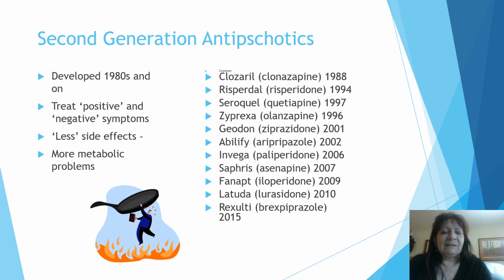They treated both the positive and the negative symptoms to some extent. Supposedly less side effects, but what we found out was the side effects were a bit different because now we found metabolic problems. So second generation antipsychotics can cause metabolic syndrome, including insulin resistance, weight gain, increased lipids, and increased waist circumference and BMI.